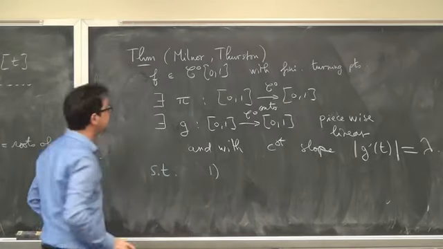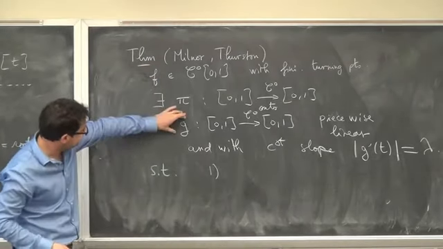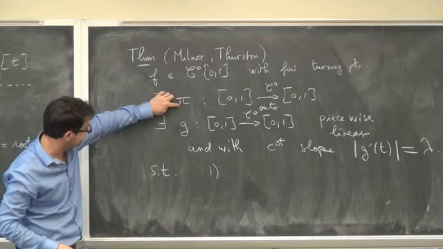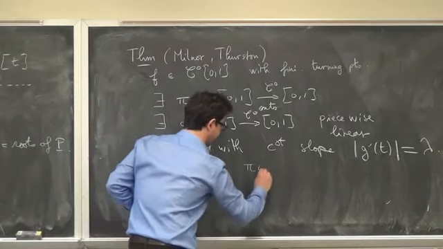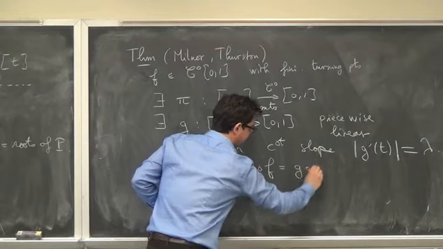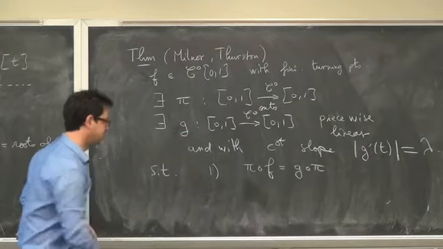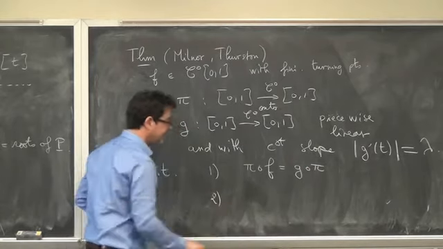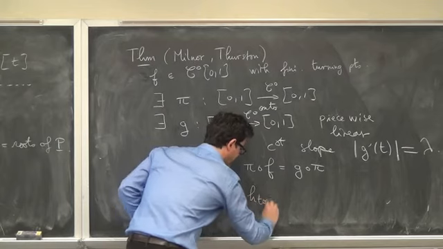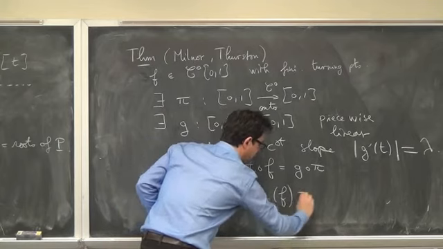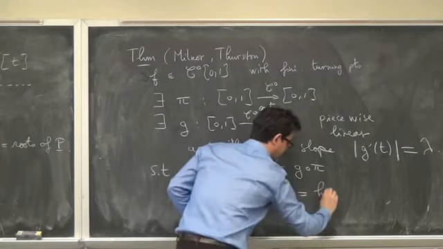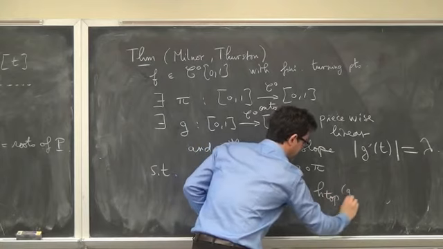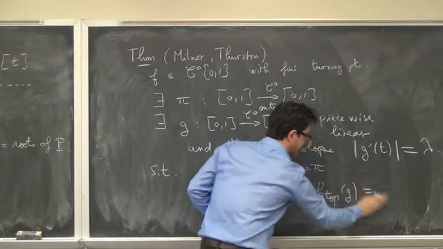first, the dynamics of F projects on the dynamics of G under the projection pi, so pi composed with F is G composed with pi. And second, the entropy of F is the same as the entropy of G, and this is log lambda.